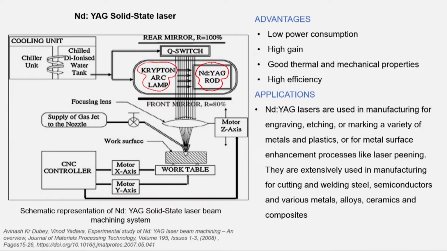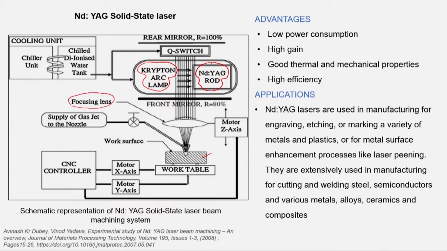This lamp applies photo energy to the Nd:YAG rod, and the rod generates the laser beam. The generated laser beam is focused on the work part, which is mounted on the work table. The focusing of the laser beam on the work part is carried out by using a focusing lens.